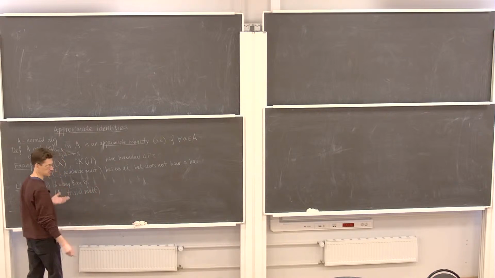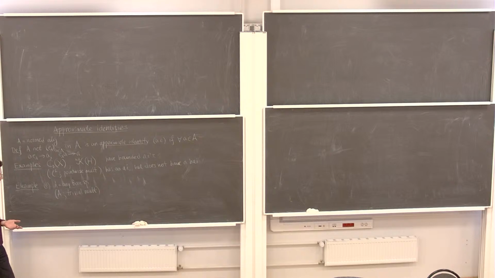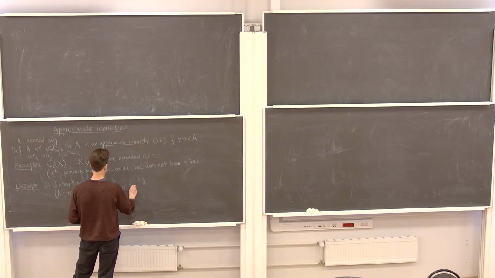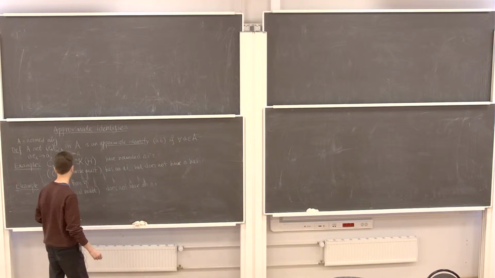That is, the product of any two elements is 0. Of course, this algebra doesn't have an approximate identity, because the product of any two elements is 0.